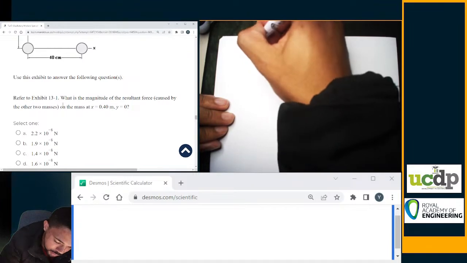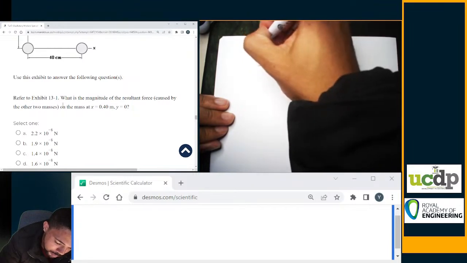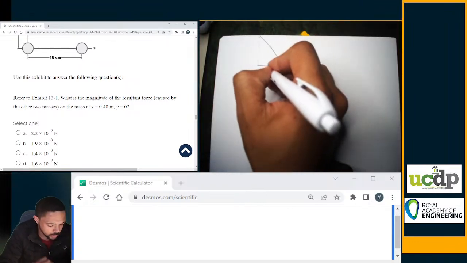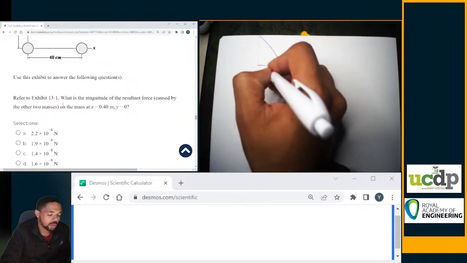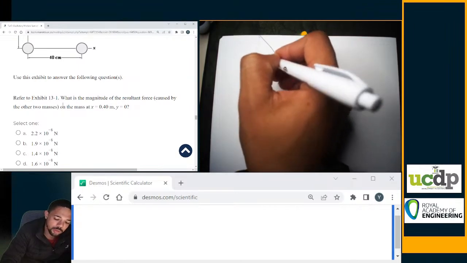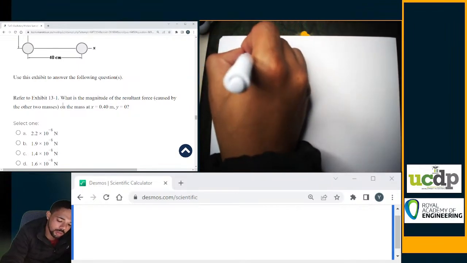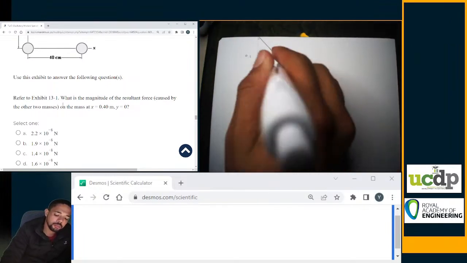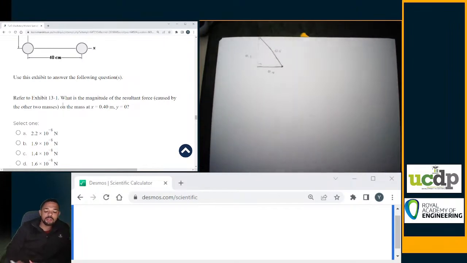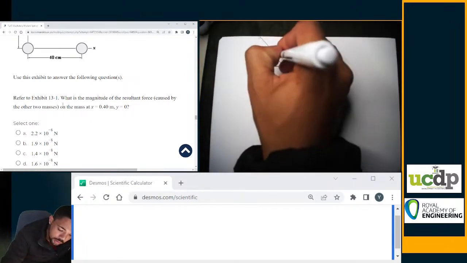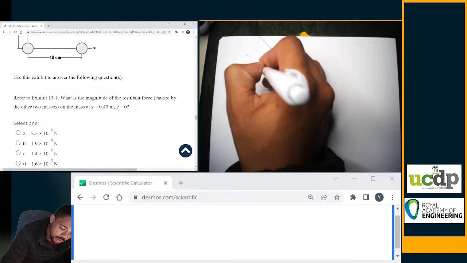That distance is equal to 0.4 meters, that distance is 0.5, and that distance is 0.3. It is a right angle triangle. That is force number 2, and that is force number 1.